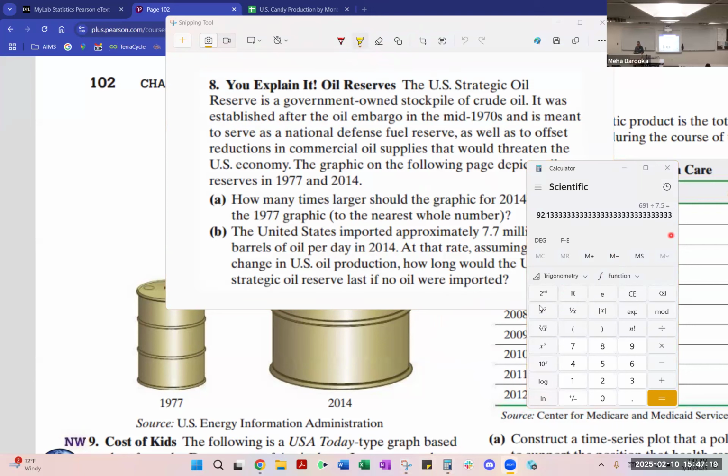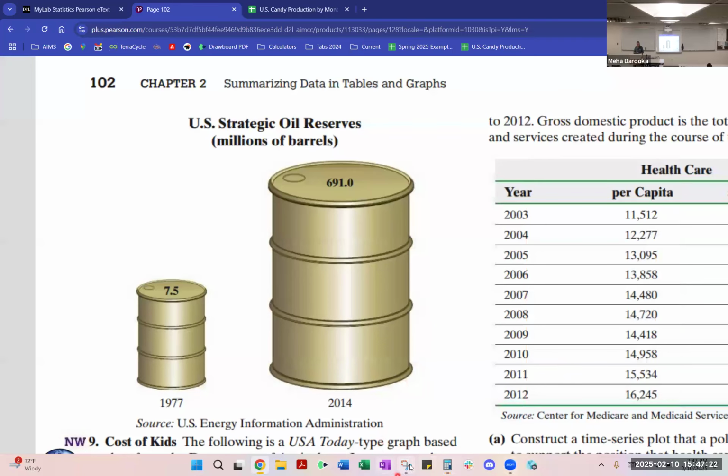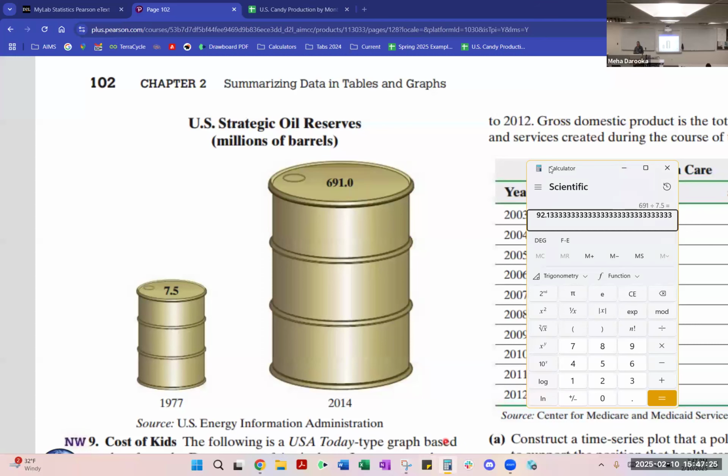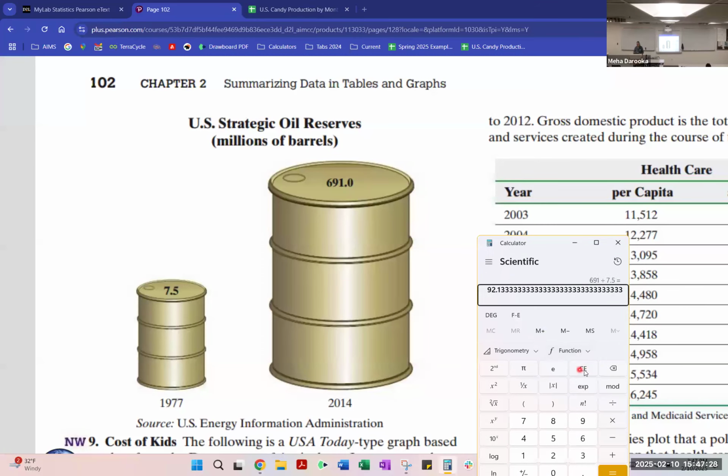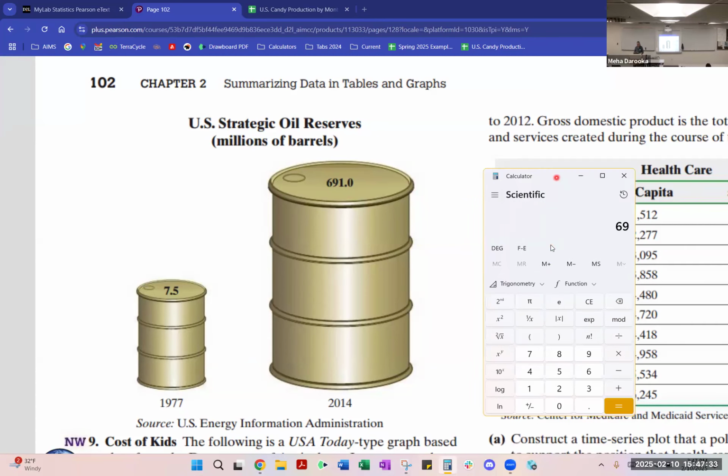We have 691 in reserve, and we're talking about consuming 7.7 million barrels a day. We would barely make it 3 months, right? 90 days. Not even a complete 90 days. We are the largest consumer of oil in the world. So we wouldn't last too long on our reserves, right?